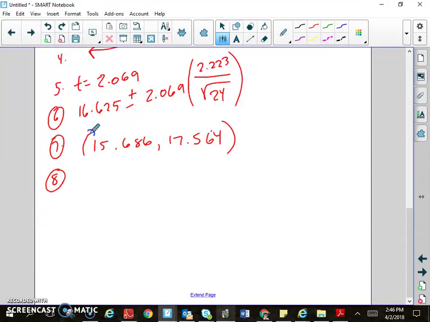You can cross out step 9, because step 8 and step 9, in a way, are stating kind of the same idea. So step 8 is where you'd write all that out. So we are 95% confident that the true population mean for the average number of hours per term lies within the interval, and then you just rewrite this from step 7 in that blank. So kind of the same thing.